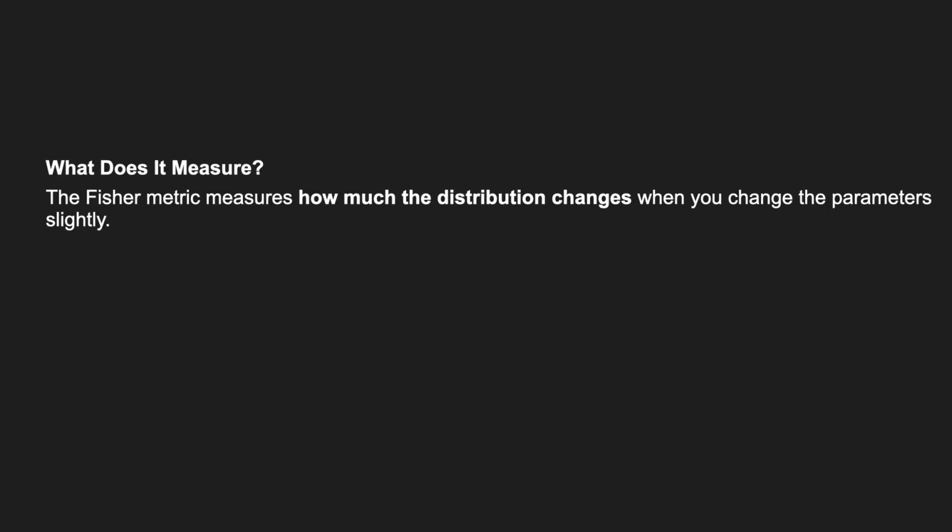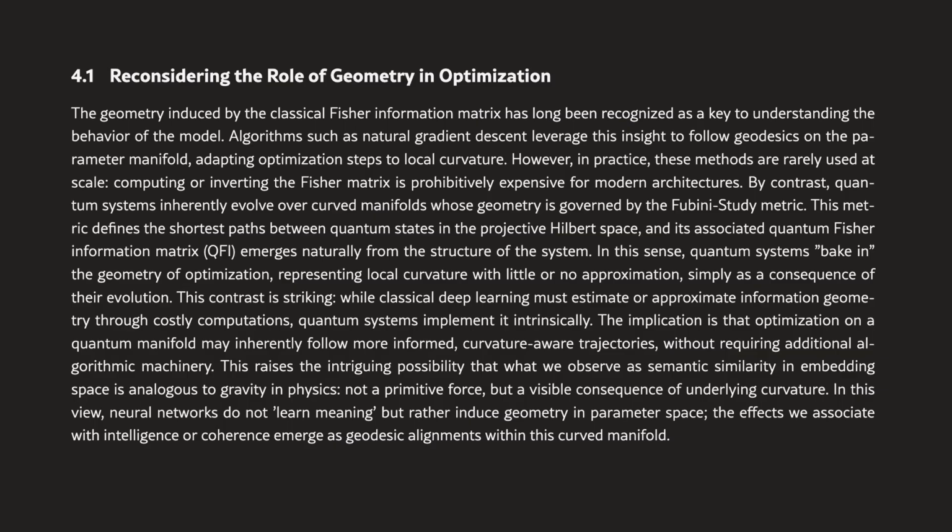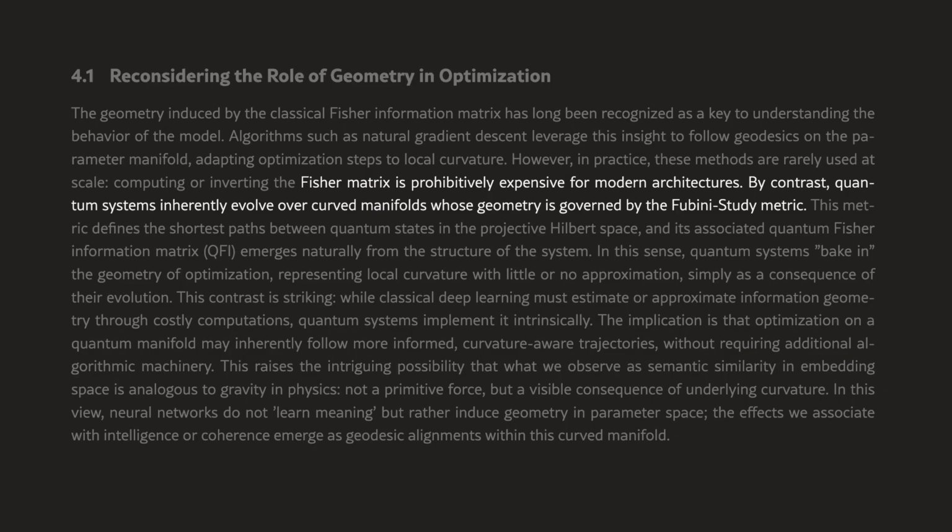If we take a step back, the Fisher metric measures how much the distribution changes when you change the parameters slightly. As you can see, it gives us much richer information. But in this paper, the Fisher metric is prohibitively expensive for modern architectures, so that's a challenge.